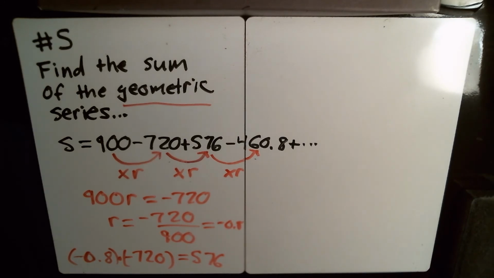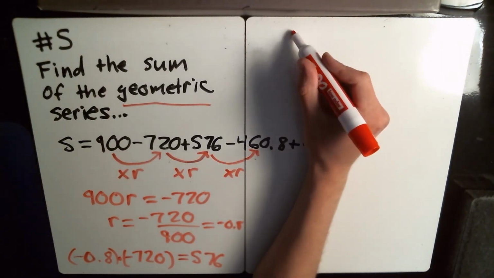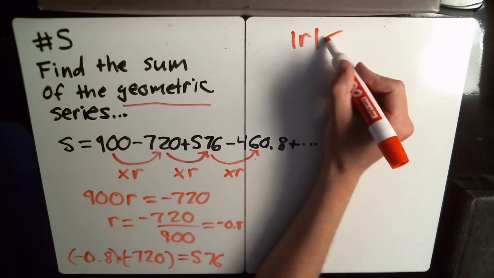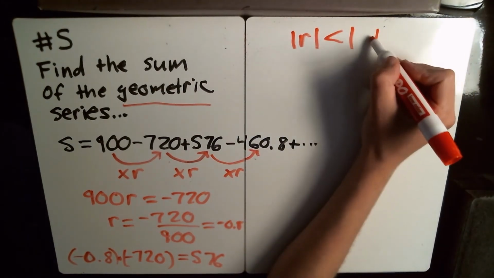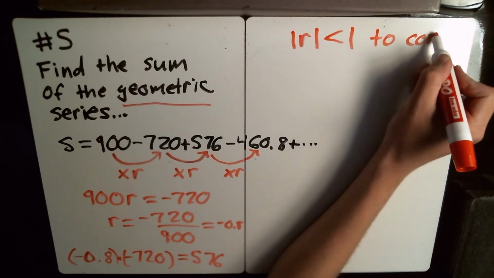So, to find the sum of this geometric series, first we need to figure out, does it actually converge? And how you tell for an infinite geometric sum is you look at r. The absolute value of r needs to be less than 1 to converge.